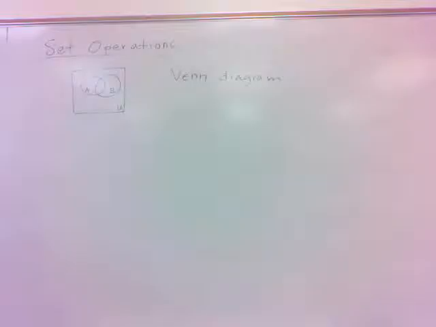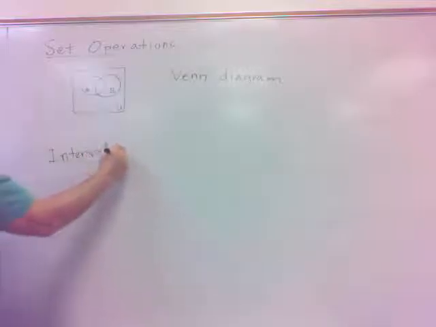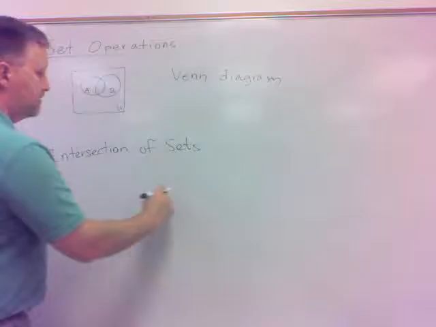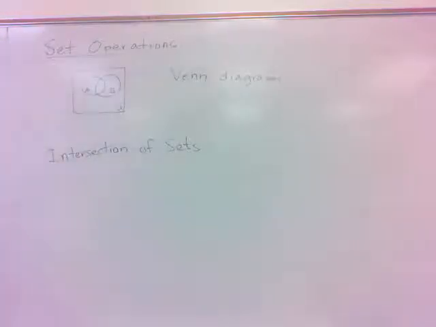We'll utilize that as we go along here. I guess technically, though, the first set operation, let's talk about the set operation called intersection of sets. It's denoted with an arch-looking thing.